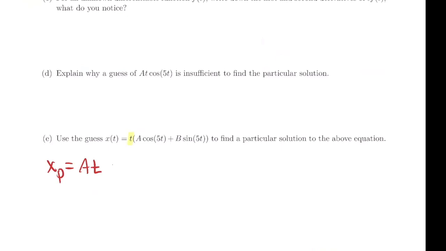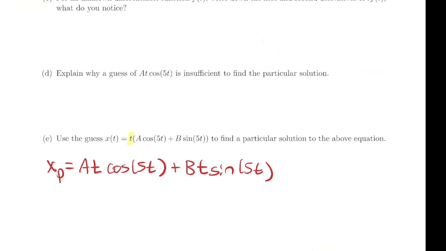So if you've got a guess that looks like this, then you would take the first and second derivatives of this, plug them into the differential equation and solve for a and b.